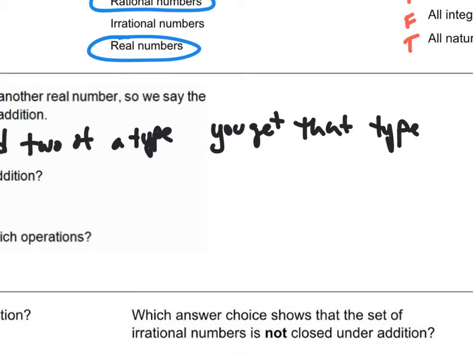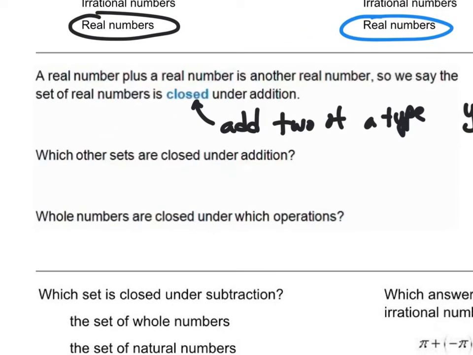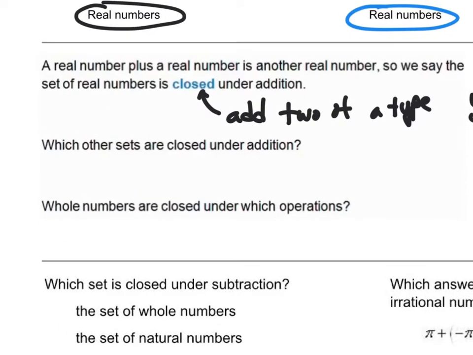All right, so how I would say this: it says which other sets are closed under addition. I know the natural numbers are closed under addition. I know the whole numbers, and the integers.